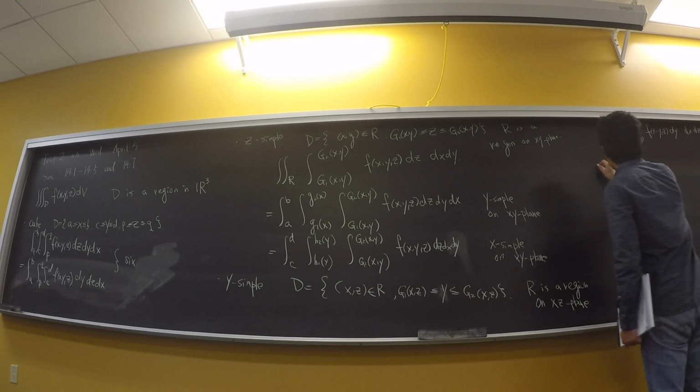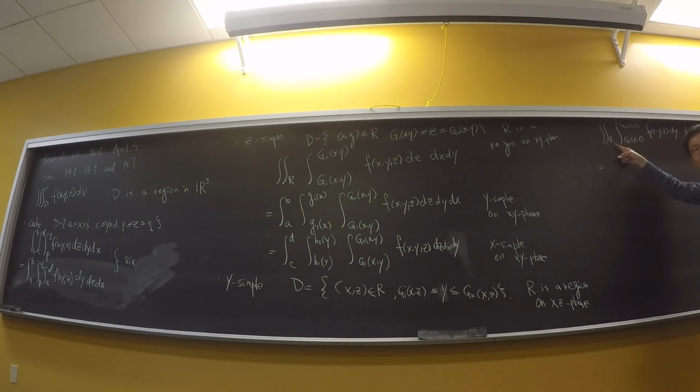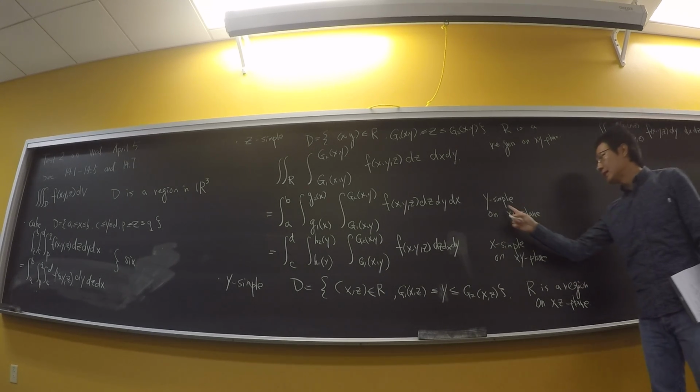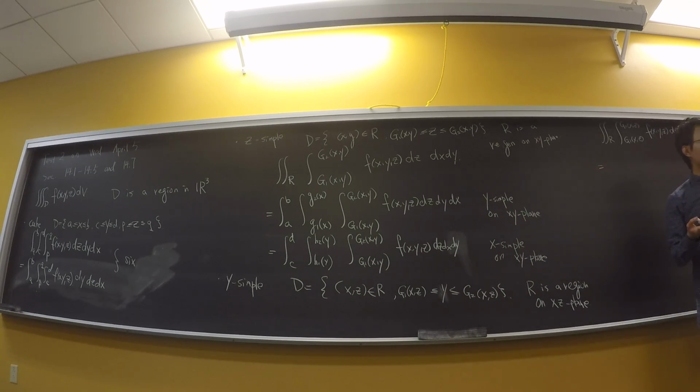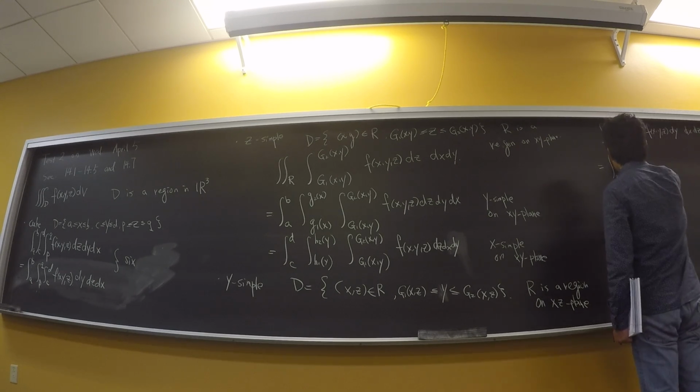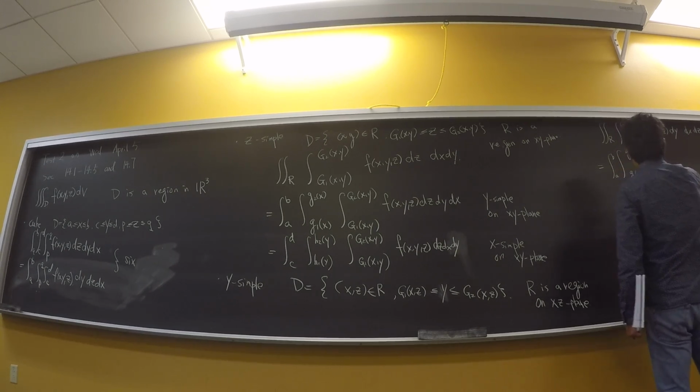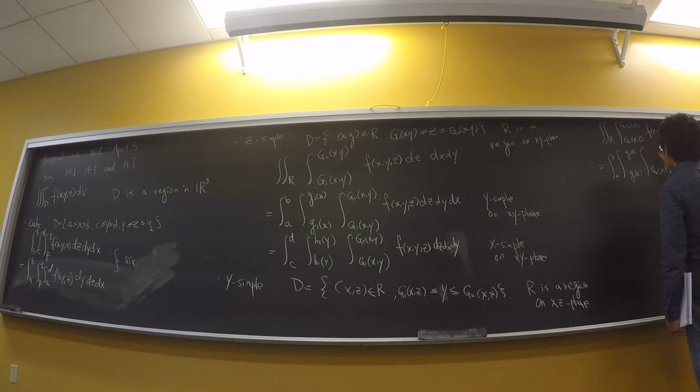Now, if I have this region R on the xz plane, I can still identify it as z simple, where I need two numbers for x and two functions for z. So it is a to b. Let's see, I have g1 of x, g2 of x, g1 of xz, g2 of xz, f(x,y,z), dz.